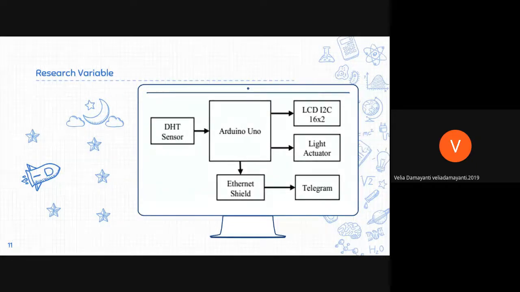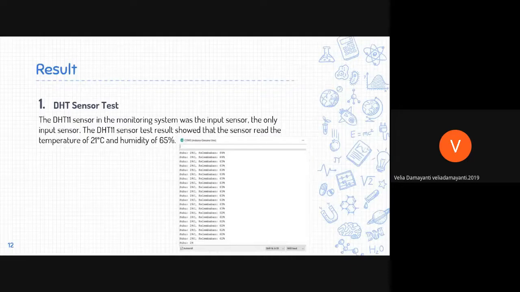The result will be displayed on the LCD as output, with temperature below 5 degrees Celsius or above 30 degrees. The Ethernet still serves as the network to the server using a LAN cable, so the data result can be displayed on Telegram. Next.